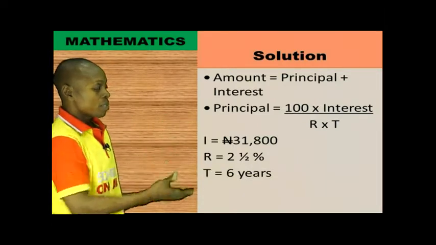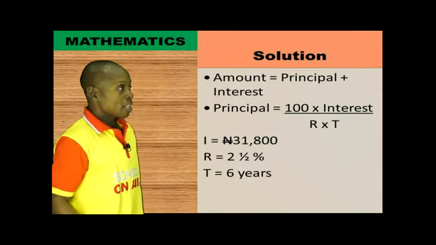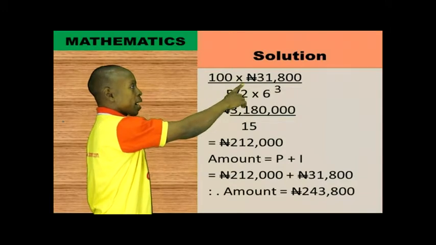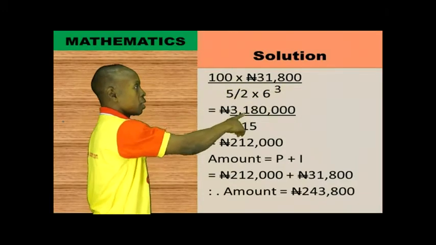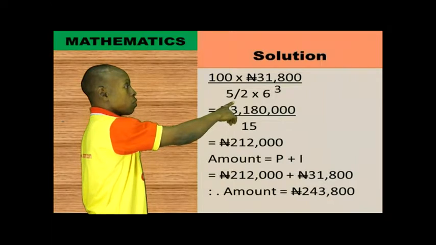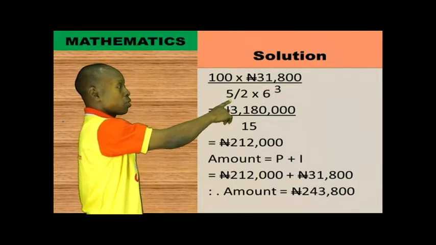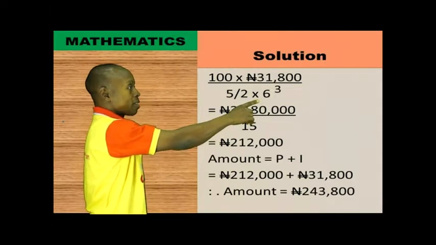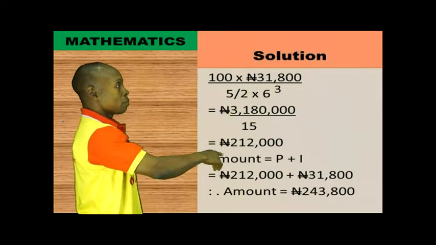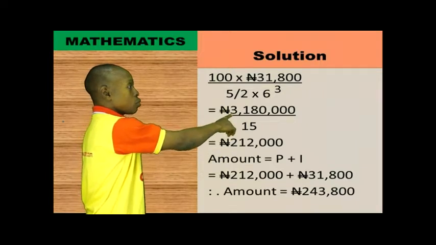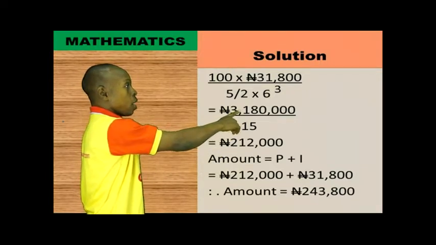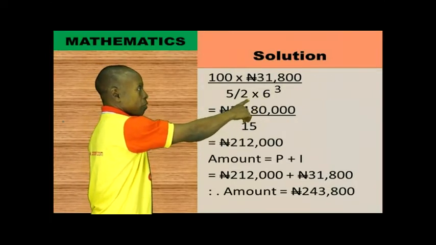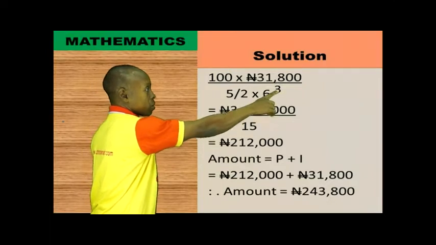So let's insert all the parameters we have into the formula. We have 100 multiplied by 31,800 all over 5 over 2. You know, 5 over 2 is equivalent to 2.5. Multiplied by 6. So you have 3,180,000 divided by, because 2 can go into 6, you have 1 here, and 2 into 6 you have 3.